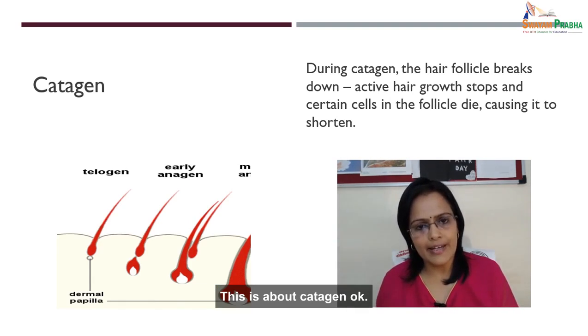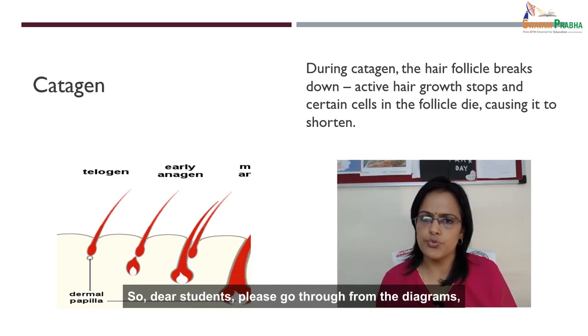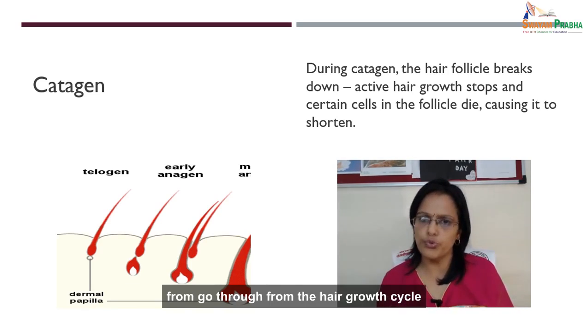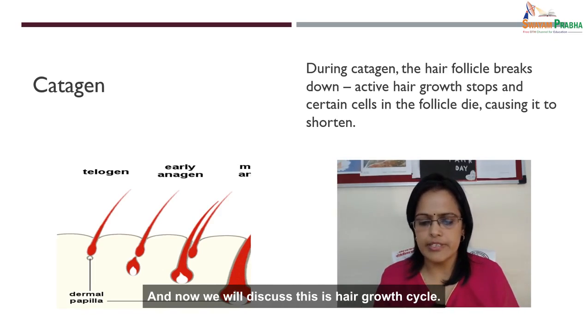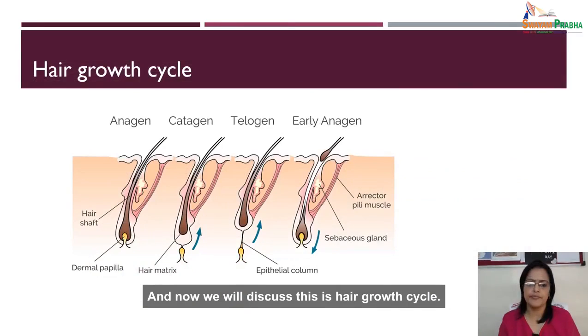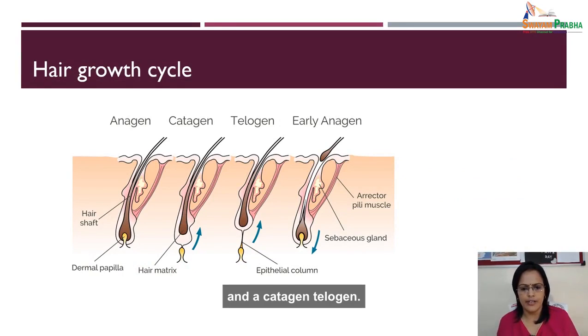This is about catagen. Dear students, please go through the diagrams and the hair growth cycle in detail, about anagen and catagen. This is the hair growth cycle: as you can see, early anagen, anagen, catagen, telogen.